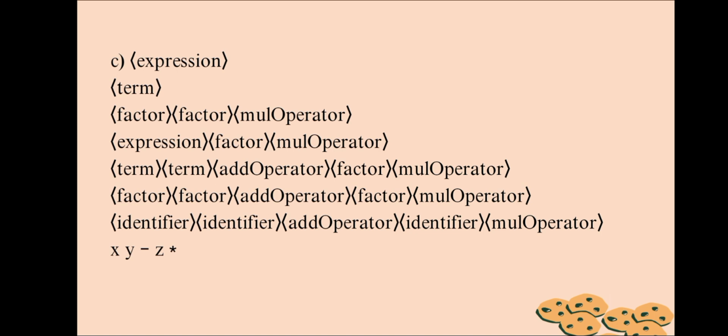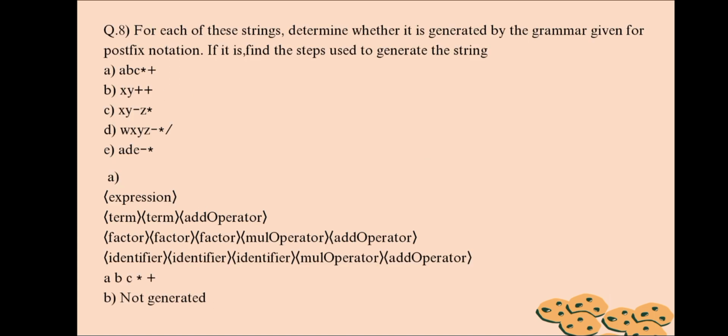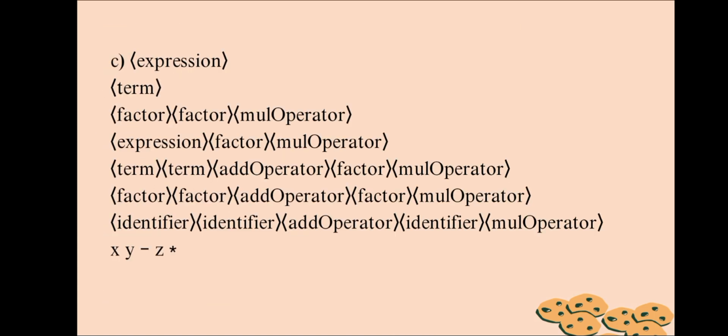In the fourth line we have two terms, an add operator and a factor, and a mul operator. And in the last line we have identifier, two identifiers, one add operator and one identifier, and last the mul operator. This is how x y minus z asterisk can be generated by the grammar for postfix notation.